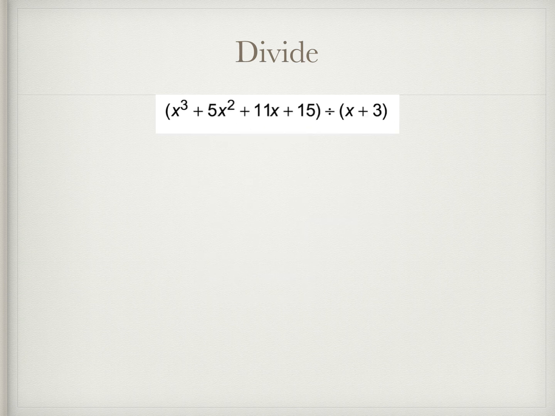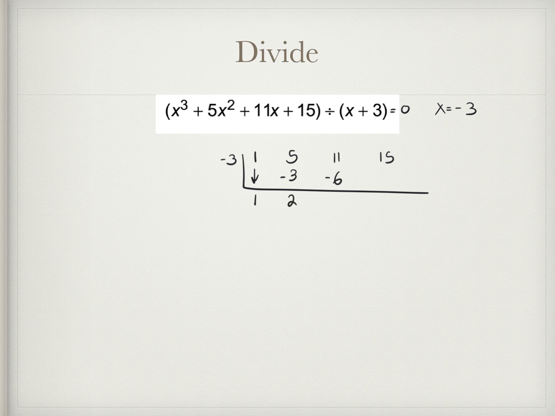Let's do this one. First thing to note is, is it in standard form? Yes, it is. So I'm going to go ahead and write 1, 5, 11, and 15. And we're going to equal this to 0. So we get x is equal to -3. That's the number we're going to divide by. I'm going to go ahead and bring down the 1. 1 times -3 is -3. 5 plus -3 is 2.